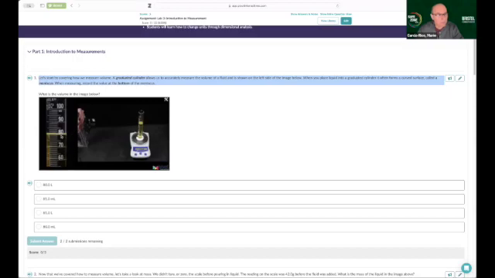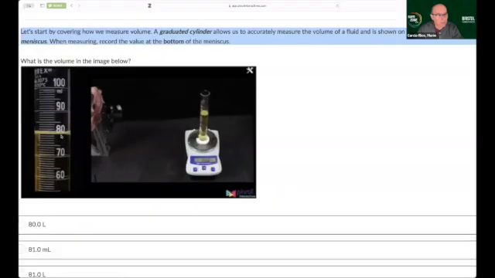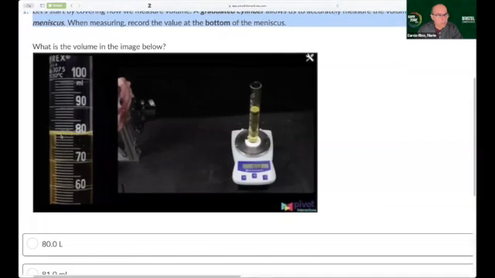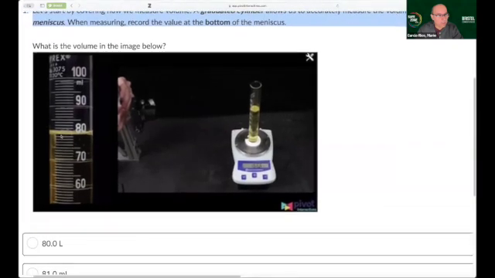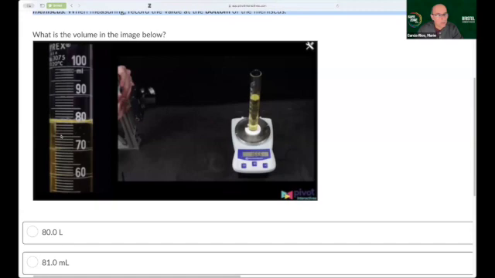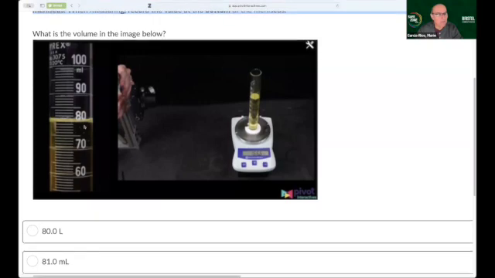You may be able to pinch into some of these images, depending on the browser that you're using, to take a closer look at the image. In this particular exercise, two things to notice. This cylinder measures in milliliters, and the volume displayed by this fluid is about 80 milliliters. Remember that you always take a guess as to the last digit of the number.